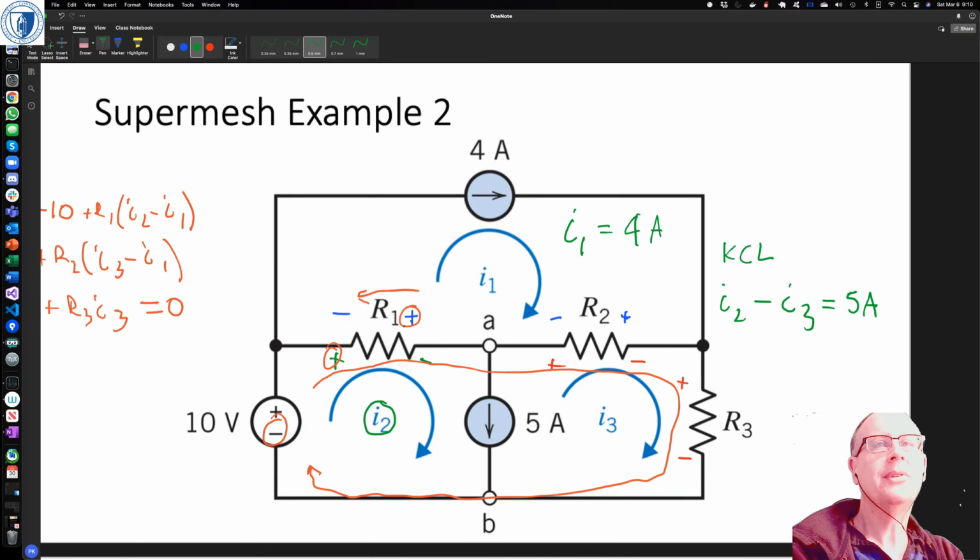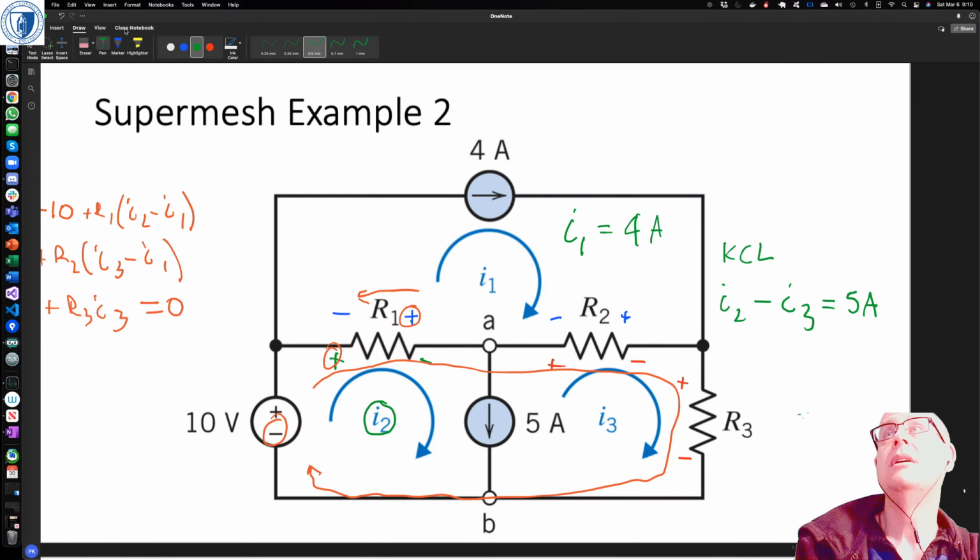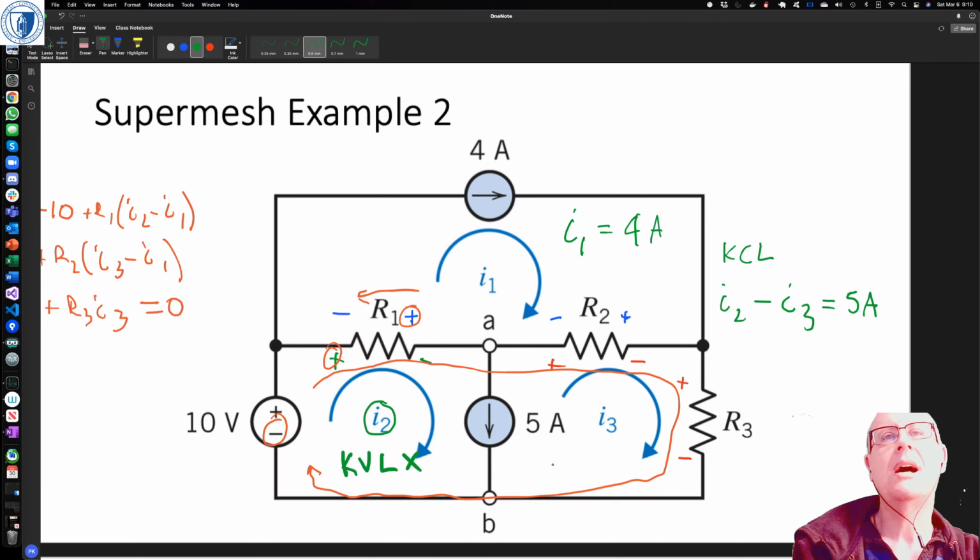But the bottom source, the 5 amp source, we're stuck, right? We can't write down a KVL equation here, and we can't write down a KVL equation for the I3 mesh either.